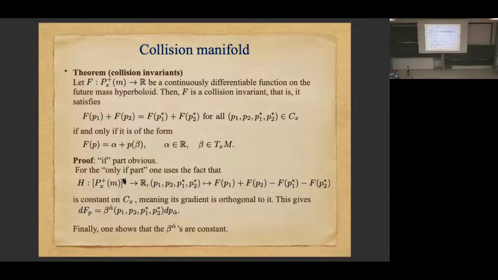Okay, that means that this gradient must be orthogonal to Cx, which we know is a nice manifold. Now you just write down what are the normal vectors to Cx. And then you will find that the differential of f should be some coefficients times dp alpha. And now you have to show that these coefficients are independent of p. And once you've done that, you integrate this equation and you get this. So that's the idea.